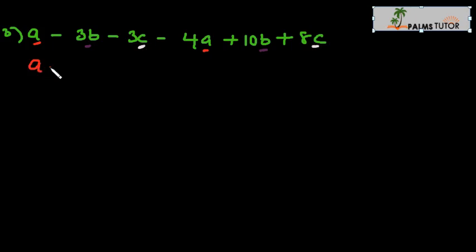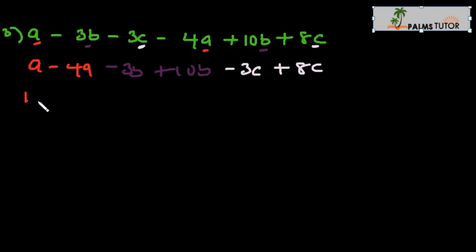I have a minus 4a, plus, it's minus 3b, the next b, plus 10b. c is now minus 3c plus 8c. So we'll combine our coefficients. The coefficient of a here is 1. We usually do not have to write that because 1 multiplied by a is a anyway.